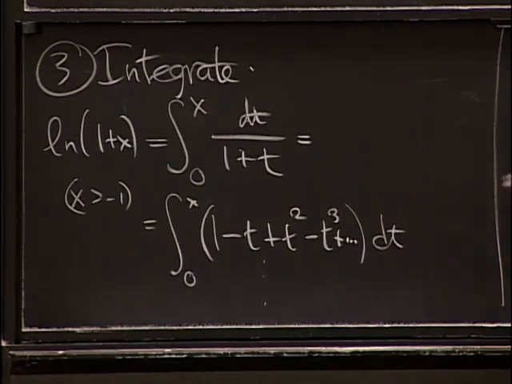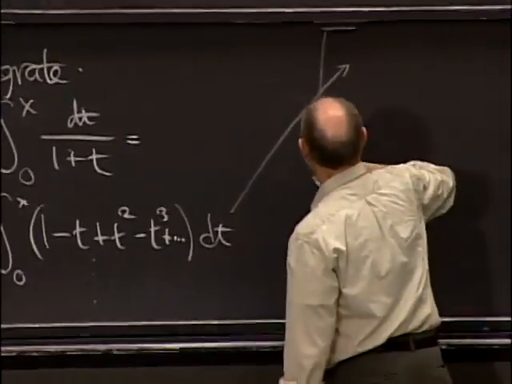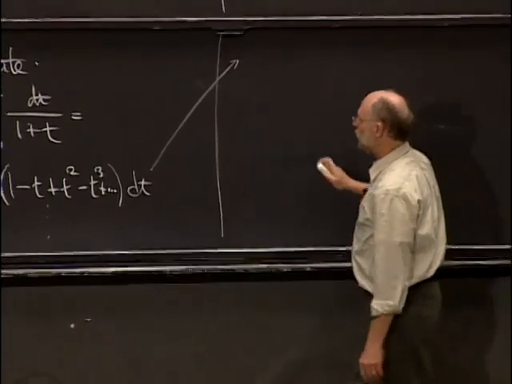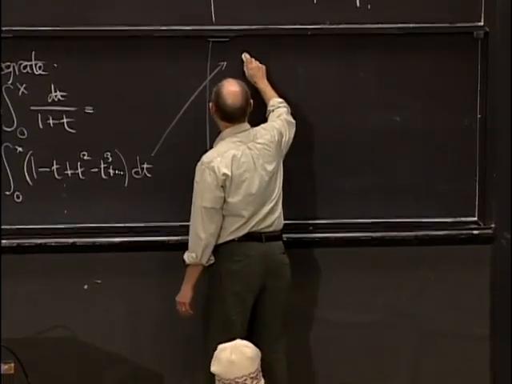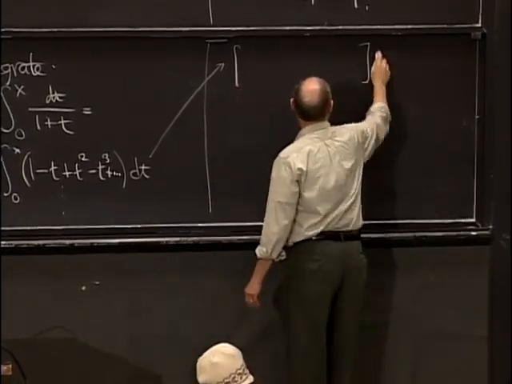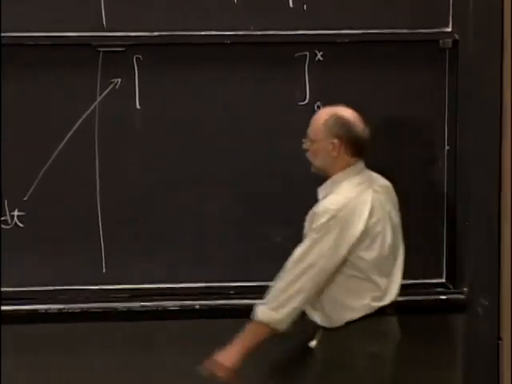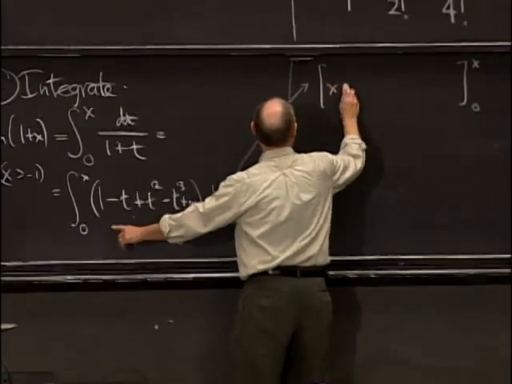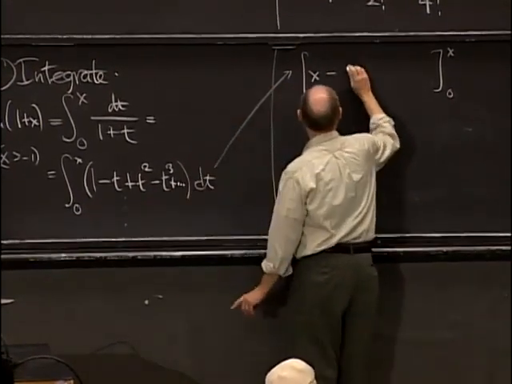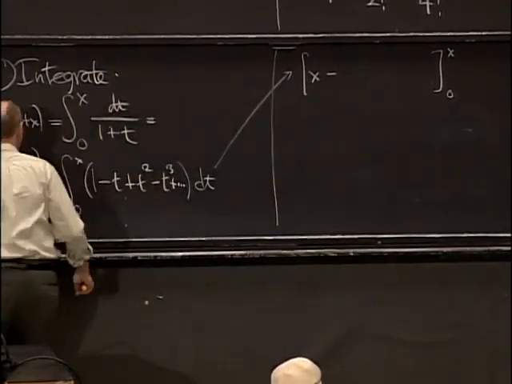And now it's legal to integrate that term by term. So let's do that. I'm going to get something which I will then evaluate at x and at 0. When I integrate 1, I get t.